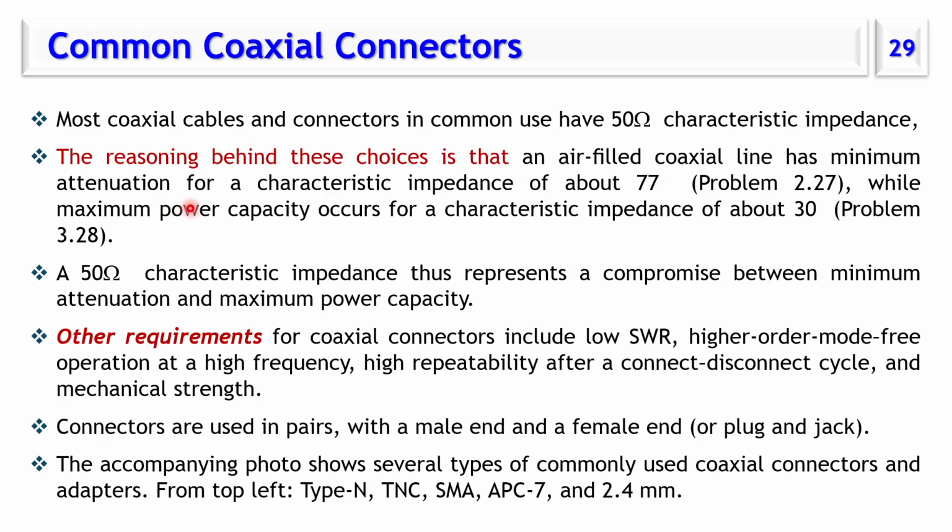For maximum power capacity, the ideal dimension for an air-filled coaxial cable is 30 ohm. Minimum attenuation is around 77 ohm. So as a compromise, to have low enough losses and high enough power, 50 ohm was chosen in between.